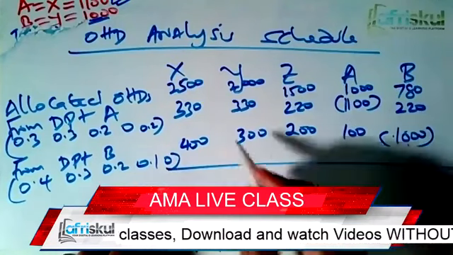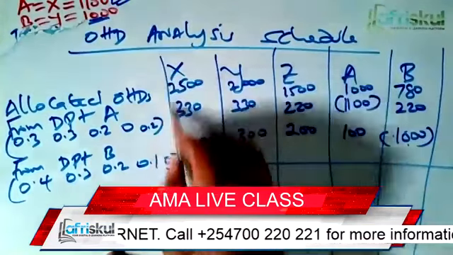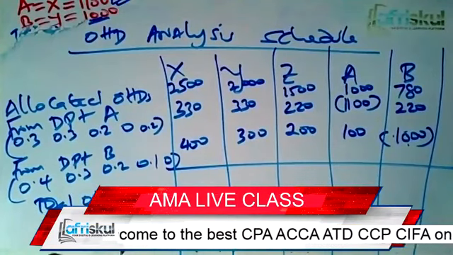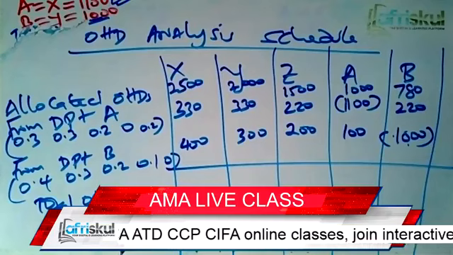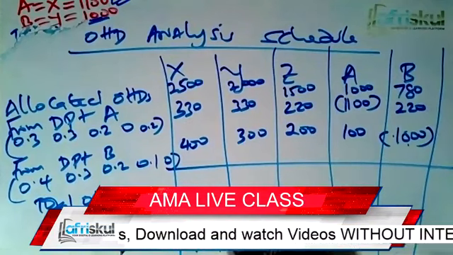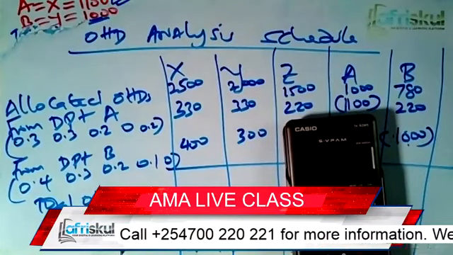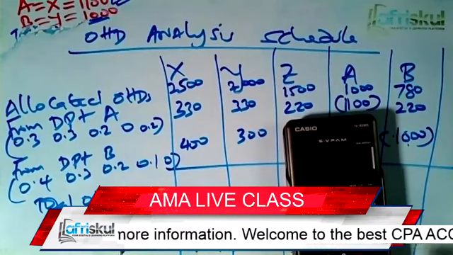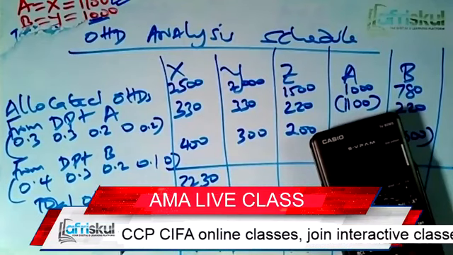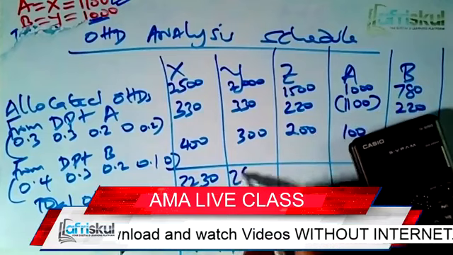And then you will come and give us the totals as per the departments. The total overheads, which we will now be able to absorb to our product cost units. The first one will be 2,500 plus 330 plus 400, which gives us 3,230. Then 2,000 plus 330 plus 300 gives us 2,630.